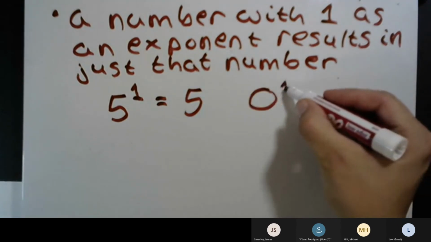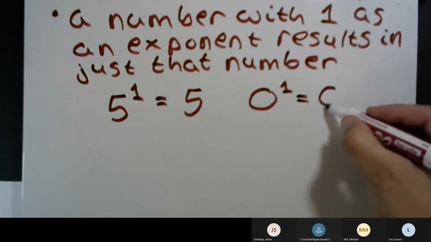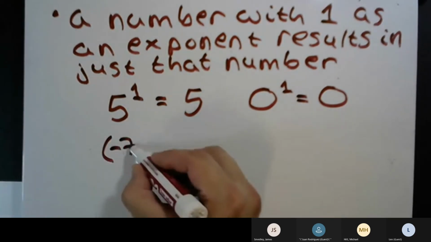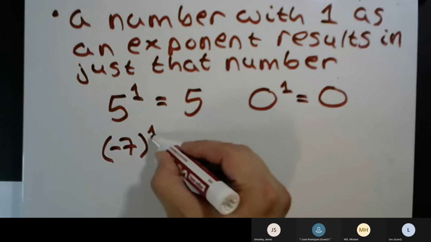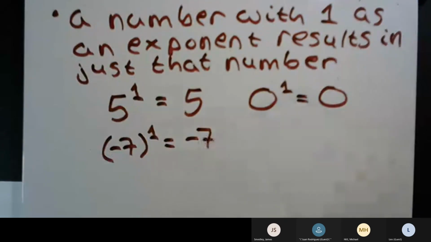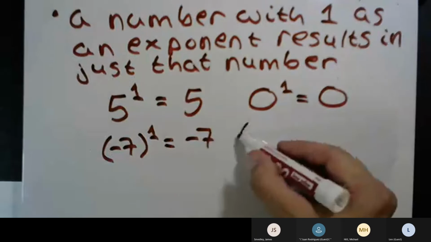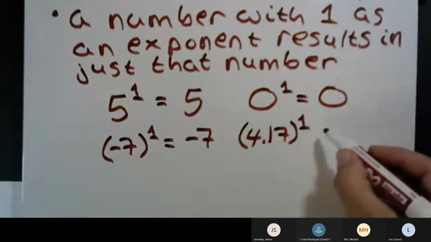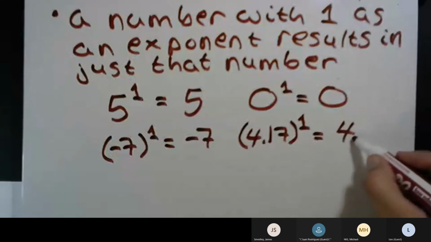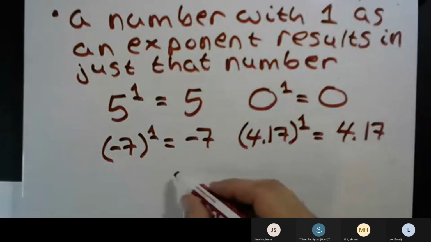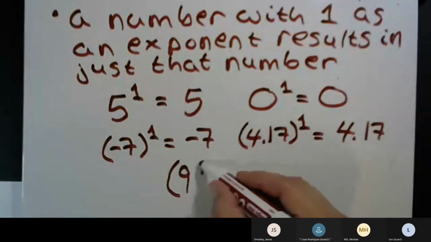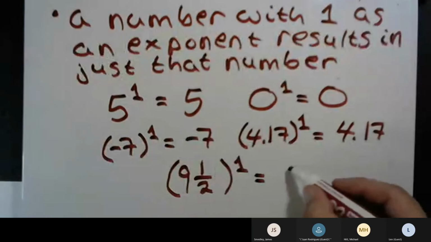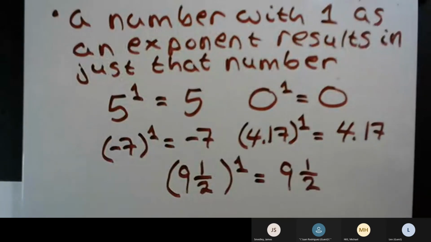Give 0 an exponent of 1, that's just equal to 0. -7 with an exponent of 1, just -7. 4.17 with an exponent of 1, just 4.17. 9 1/2 with an exponent of 1, 9 1/2.